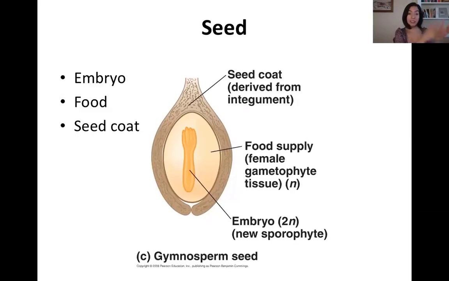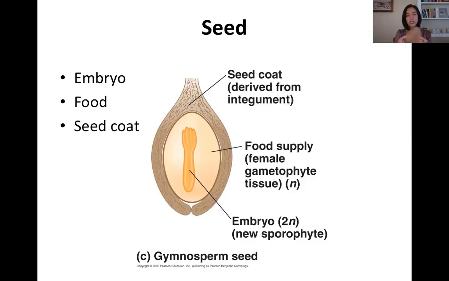So biotic factors, as I mentioned before, but also abiotic factors such as desiccation, right, or higher temperatures. So this seed has this protection around it. And that protection comes from a structure in the ovules. In the ovules, we have a structure called the integuments that later develops into the seed coat.